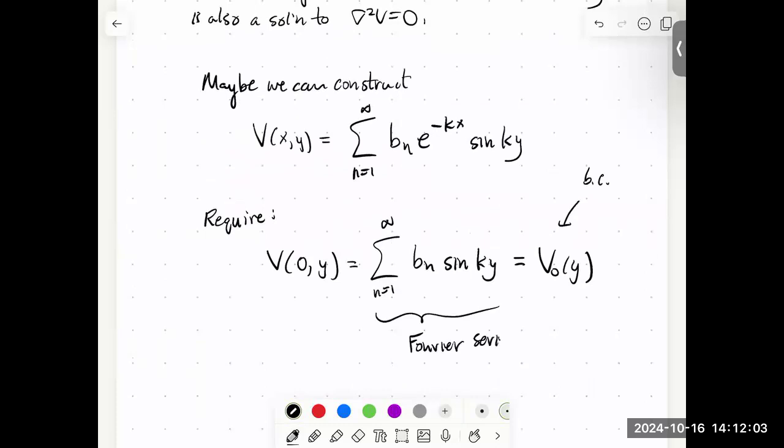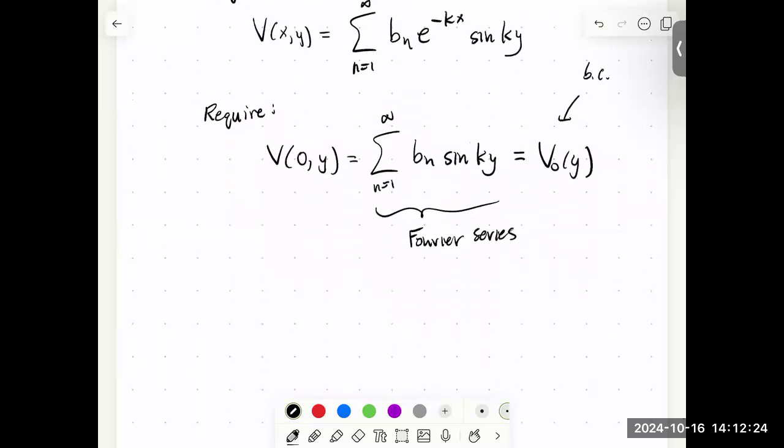And what I can do is, I already know that this is going to be the answer, because you can give me any function of y you want, and I can find the coefficients bn that are going to match that function. And so let's see how that works.